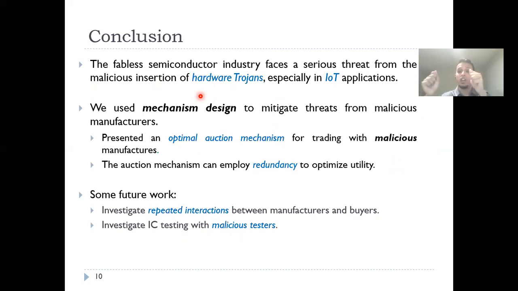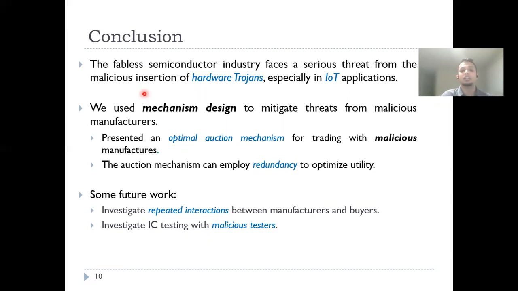When one device is trying to communicate with another device and one of the devices has a Trojan inserted, you can imagine that device may retrieve information, leak it to a third party, destroy the information, or do any kind of thing. So hardware Trojan attacks are very crucial to stop in the Internet of Things world.